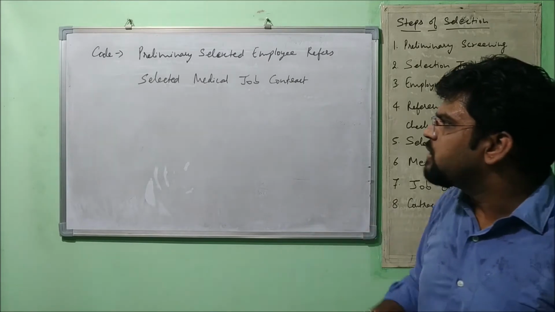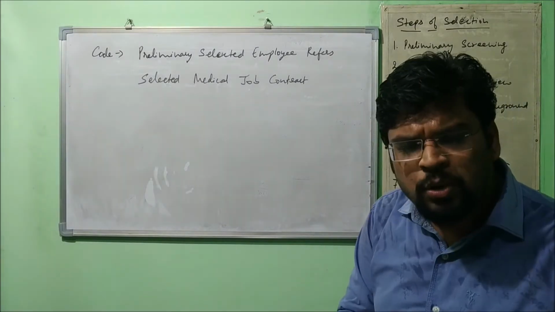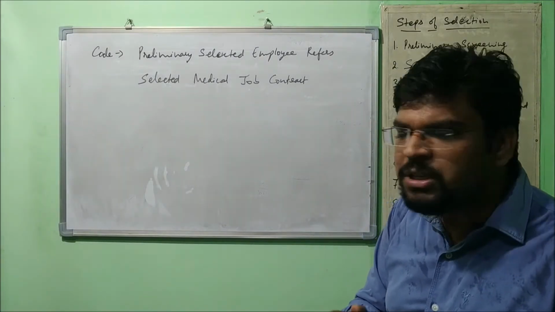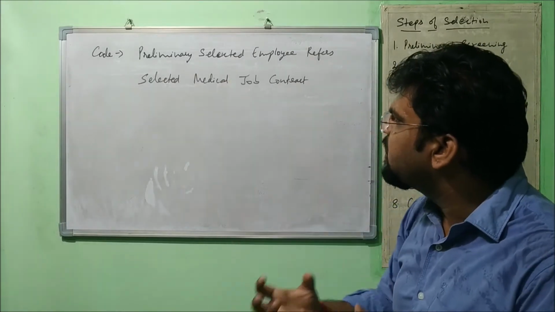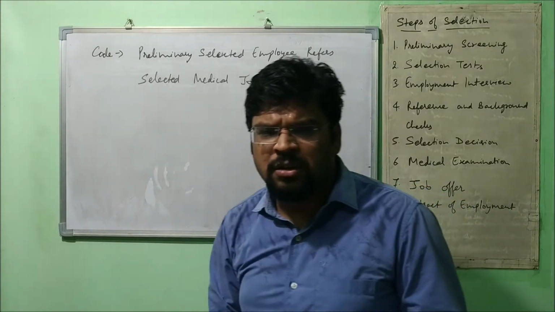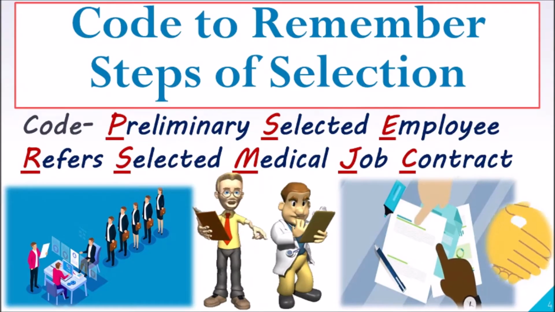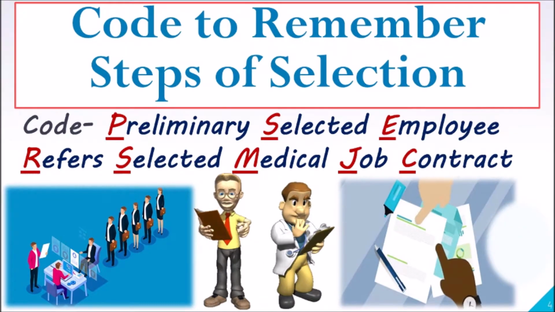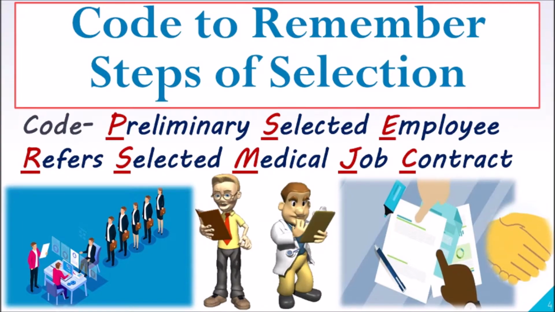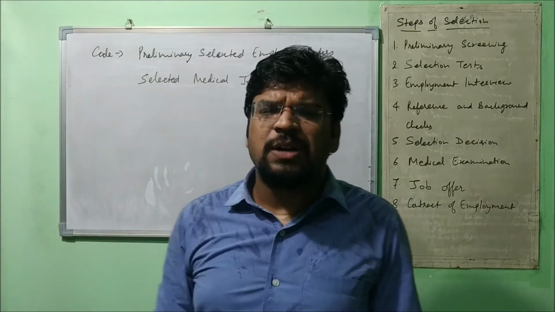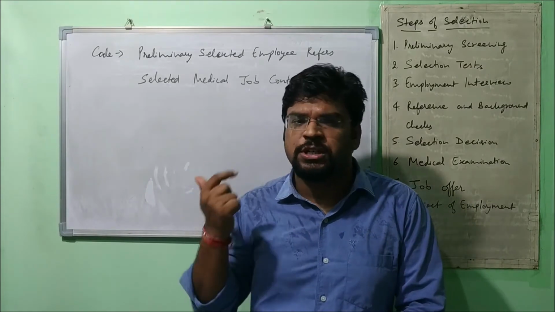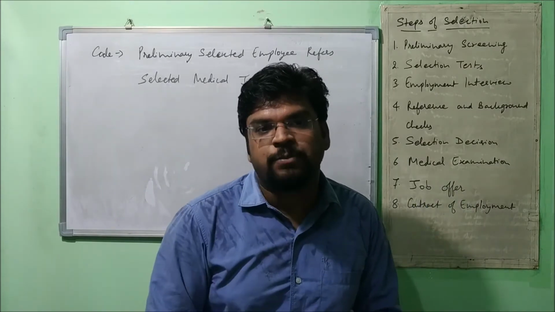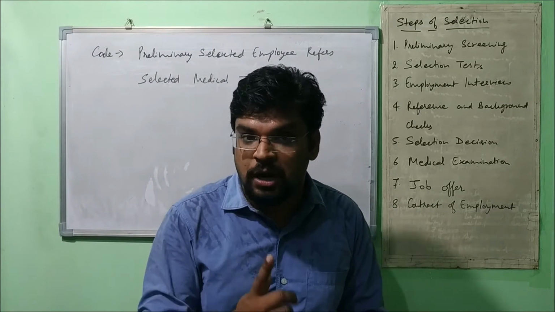You'll have to imagine that there is an employee who is selected in preliminary screening, and he refers some selected medical job contract. Imagine a kind of situation, an unusual one, but if you remember this unusual situation, you can remember all the steps of selection. Understood the point?